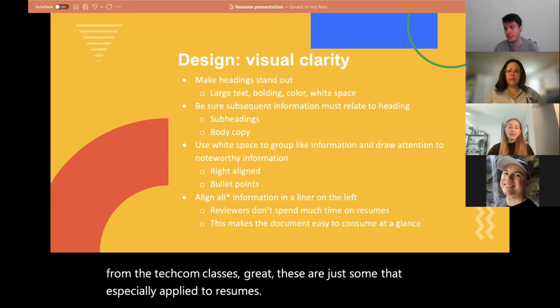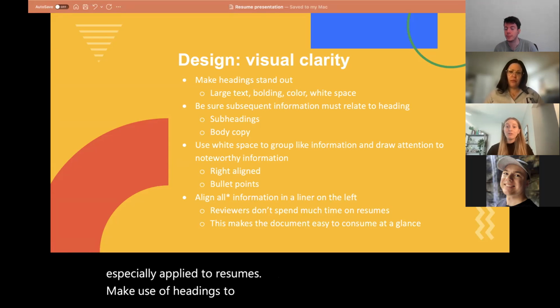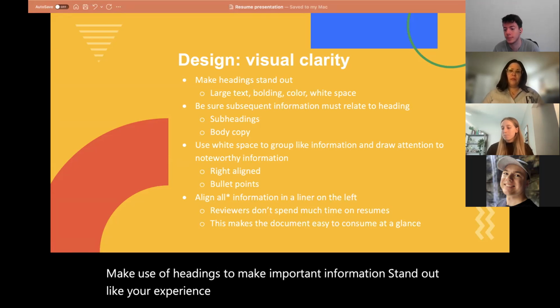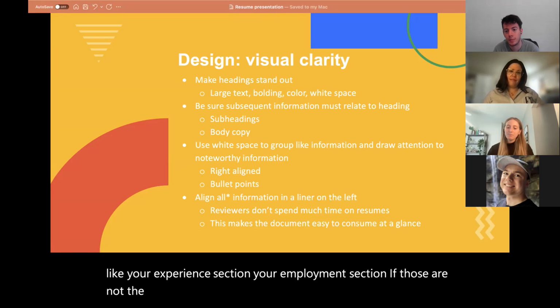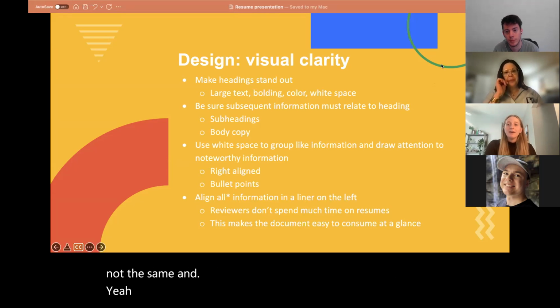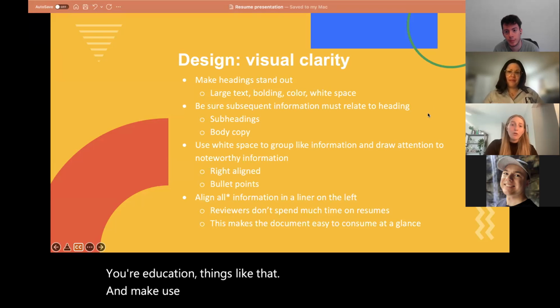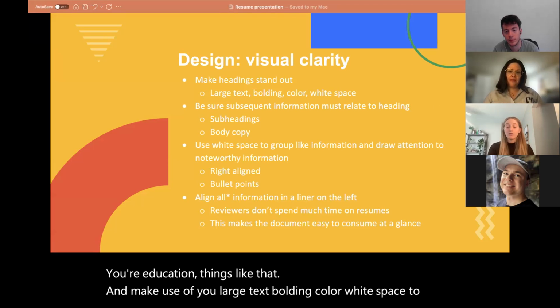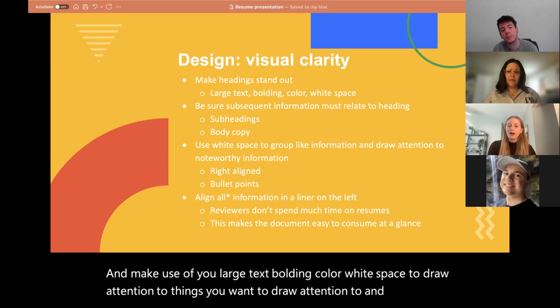Make use of headings to make important information stand out, like your experience section, your employment section, if those are not the same, and your education, things like that. And make use of large text, bolding, color, and white space to draw attention to things you want to draw attention to, and to group like information together.